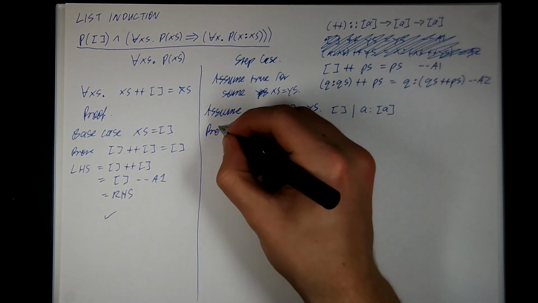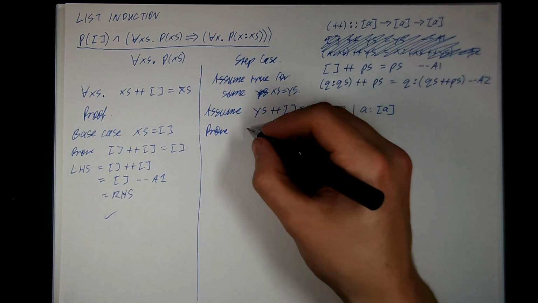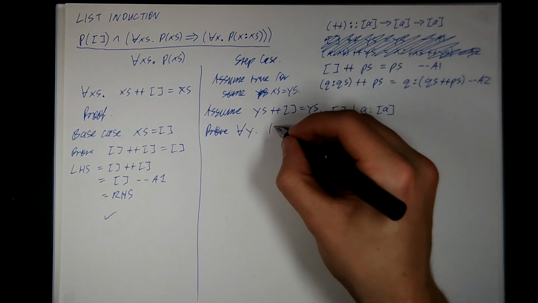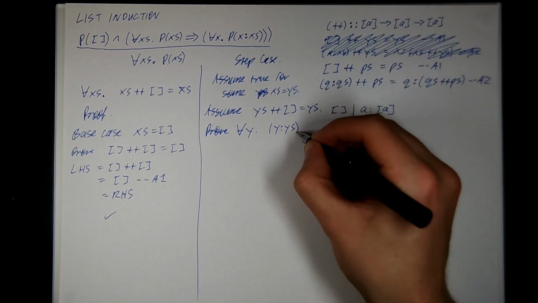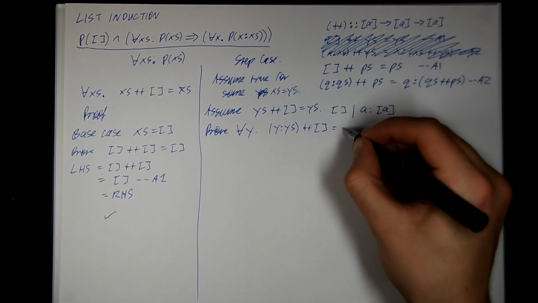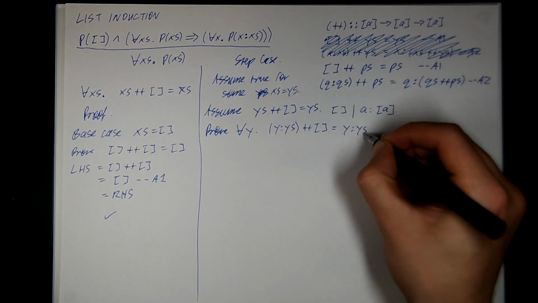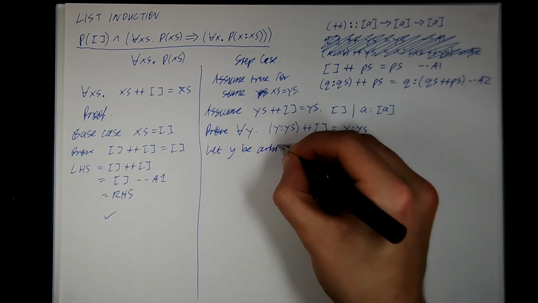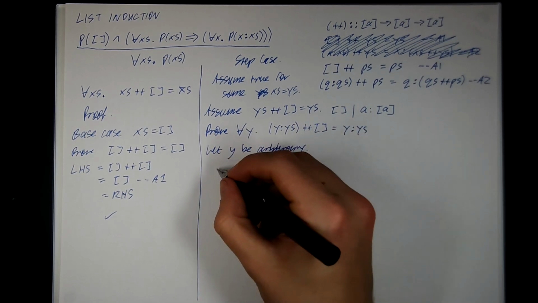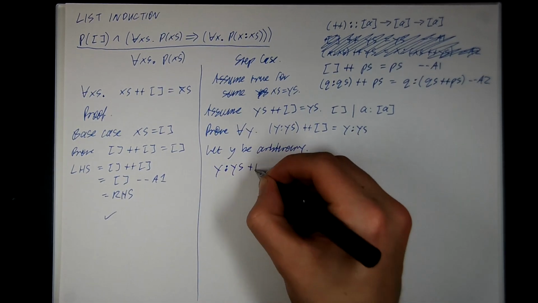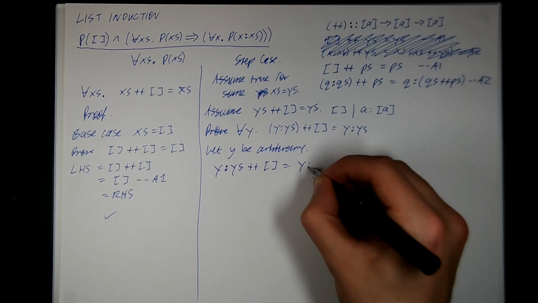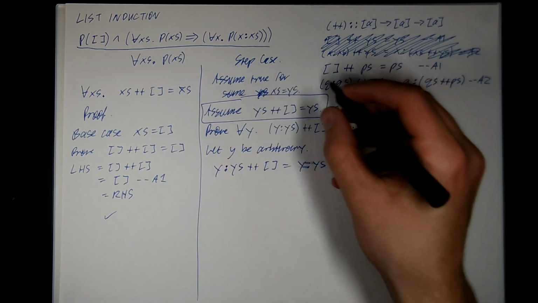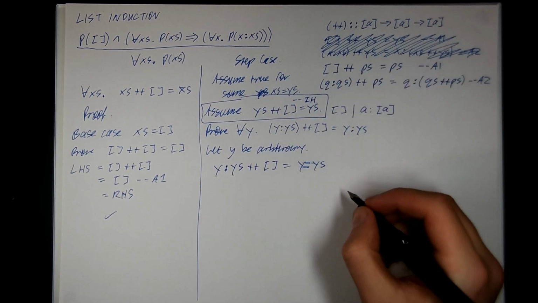I need to prove for any new element, for any new Y, Y cons onto YS, concat empty, is equal to Y cons YS, for any choice of Y. So I'm going to let Y be arbitrary. We need to prove Y cons YS, concat empty is equal to Y cons YS. And this assumption of ours we should denote by IH because it's our inductive hypothesis.